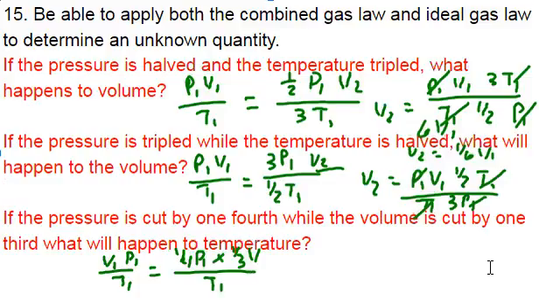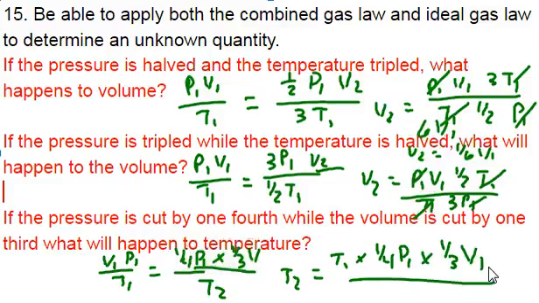So again, when I cross multiply and take a look at this, this one needs to be T2 here so I can solve for something. So T2 is going to be equal to T1 times 1/4 P1 times 1/3 V1 over V1.